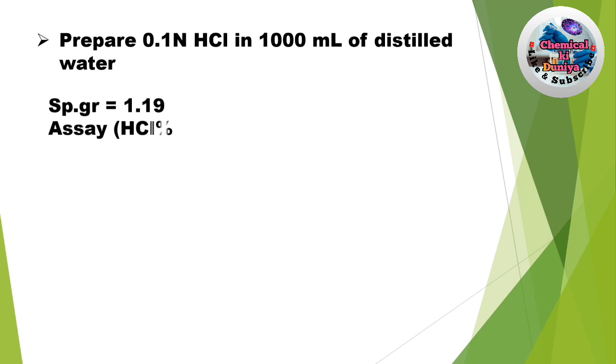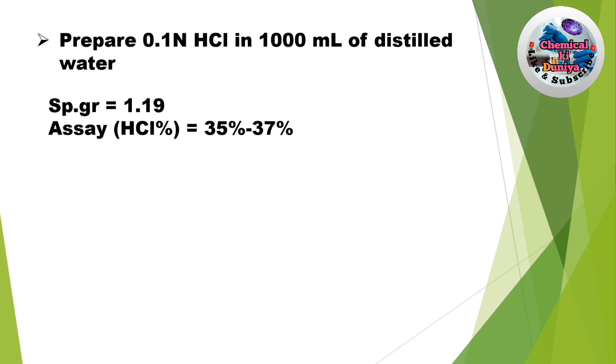Next, prepare 0.1 normality hydrochloric acid in 1000 ml of distilled water. The concentrated HCl has a strength of approximately 35 to 37% used in the laboratory.